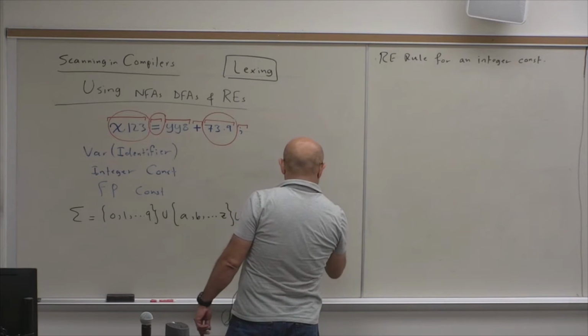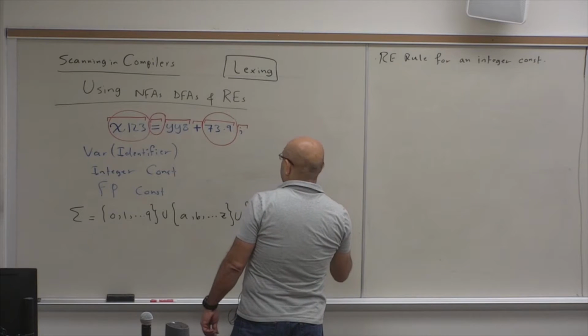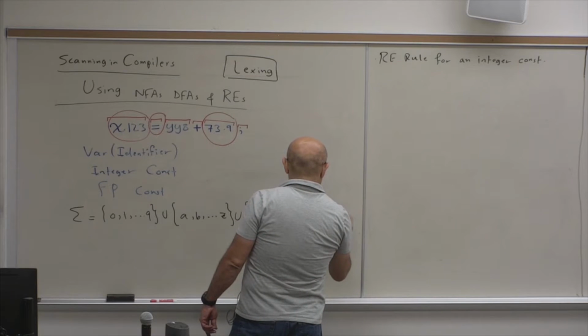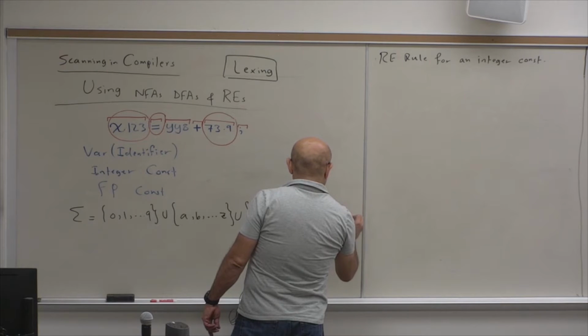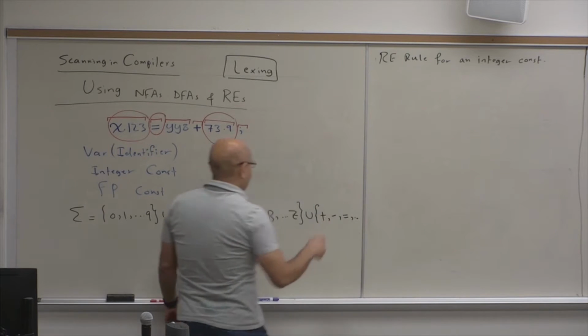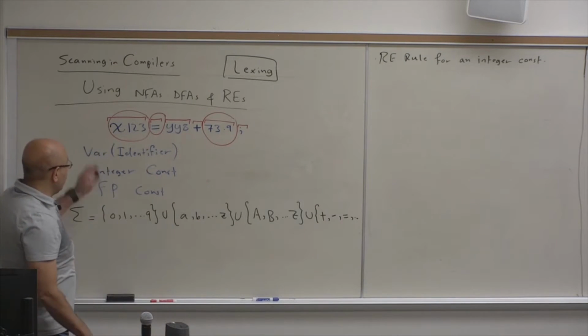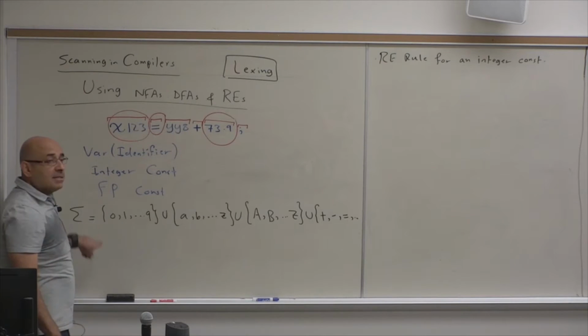All the symbols like plus, minus, equal, etc. We're not going to name all of them, but every valid character is going to be in this sigma.